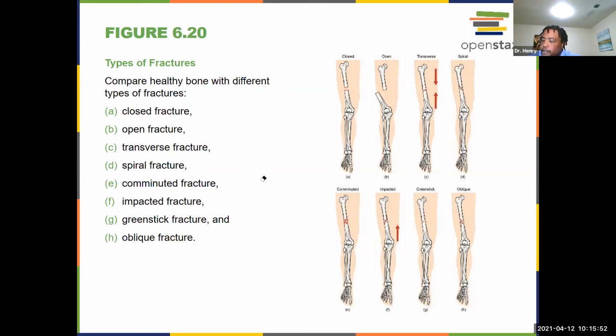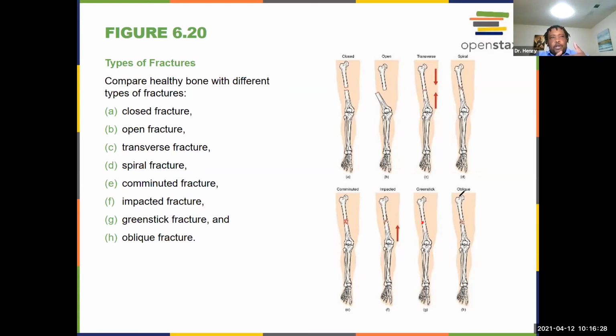The greenstick fracture is not a complete break. You only break part of the bone, so only part of it has been broken. And then an oblique fracture, it's still aligned, it's pretty much still intact.